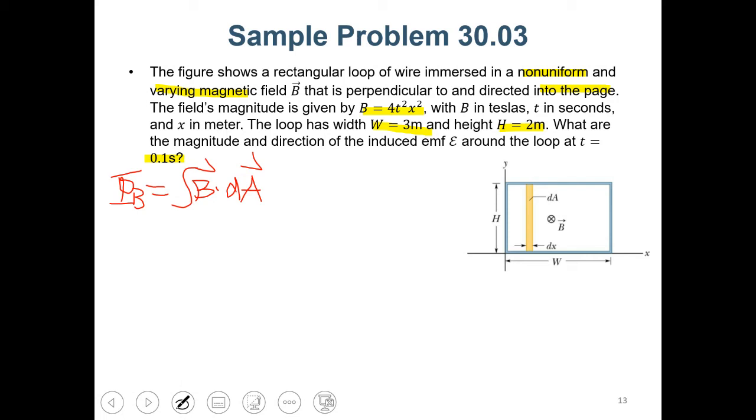As long as the B field is perpendicular to this loop, we can simply write it as B dA, just removing the vector.